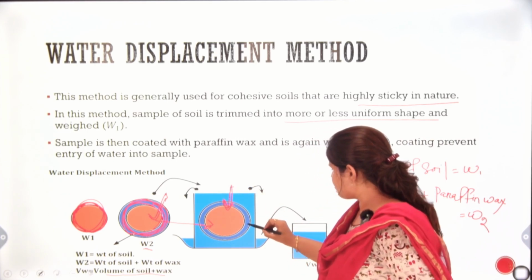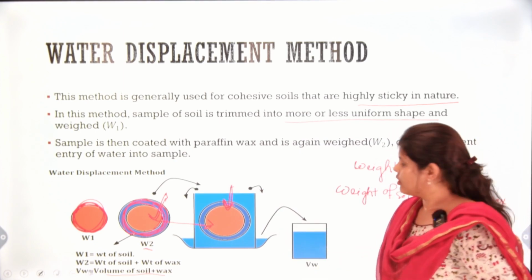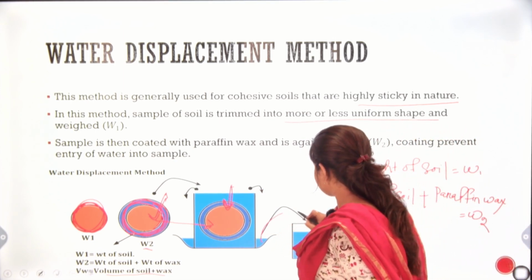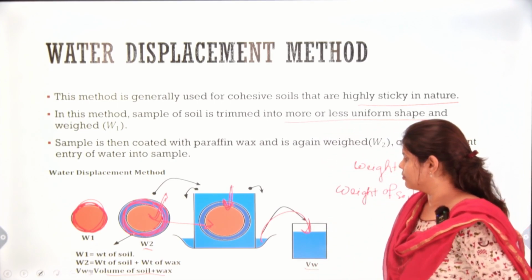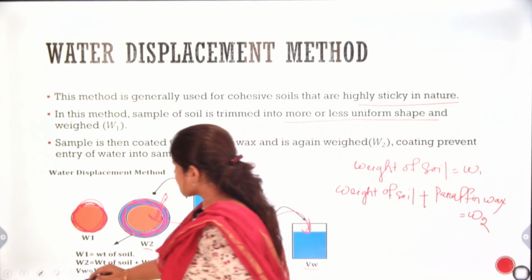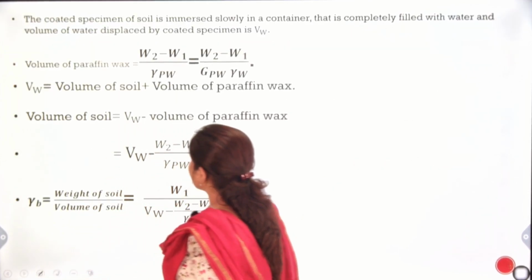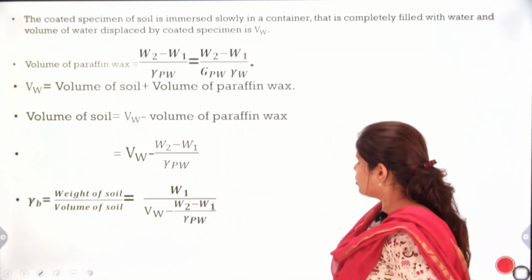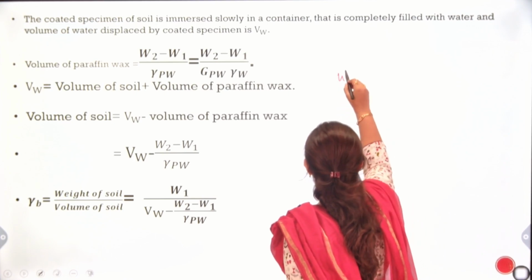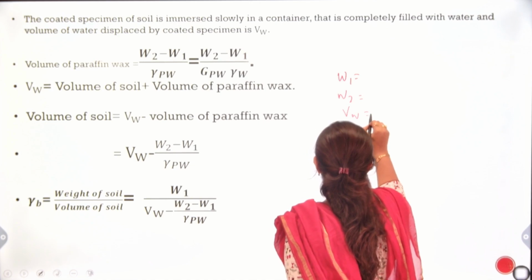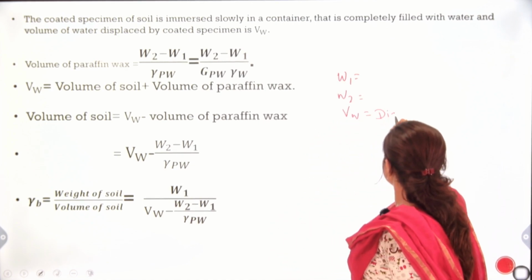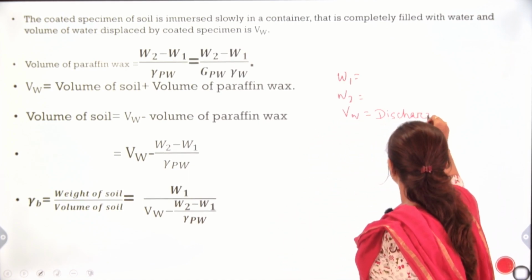There will be some discharge of water. Okay, so this discharge of water we will take as VW. Next, here we have W1, W2 and VW. The discharge of water is VW.